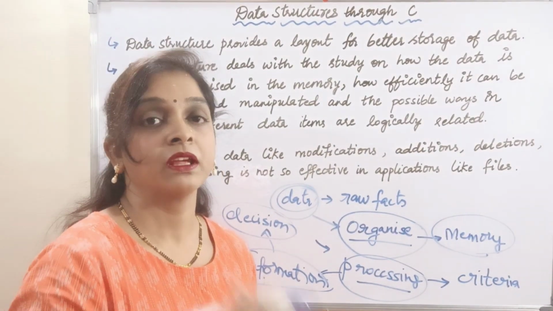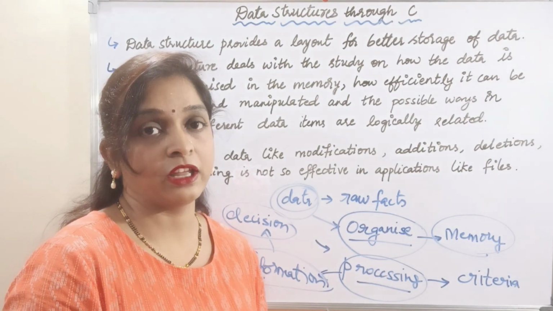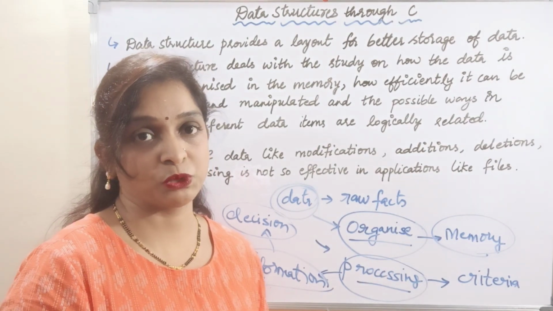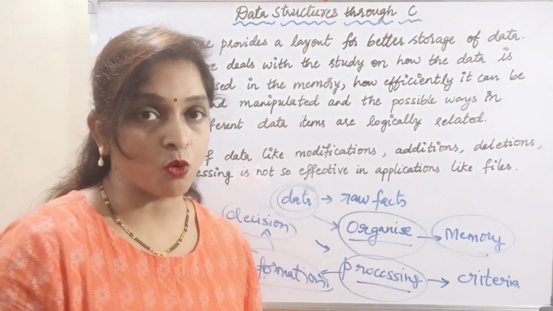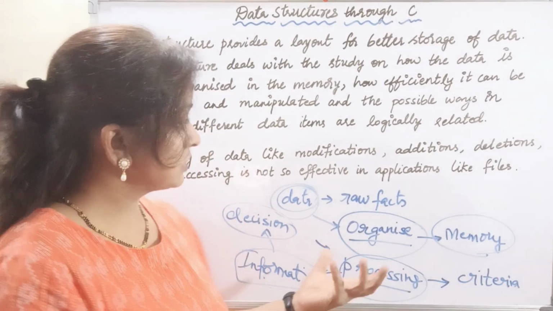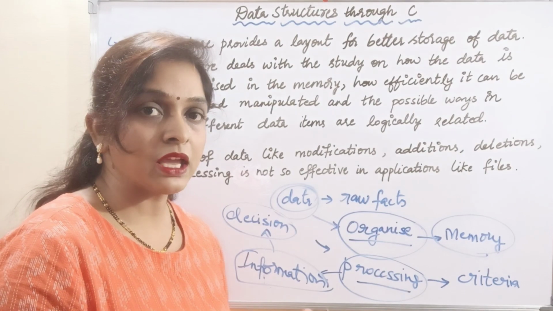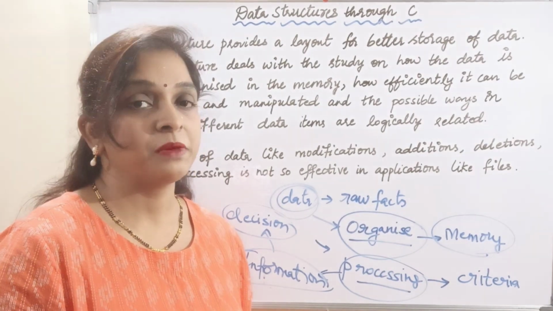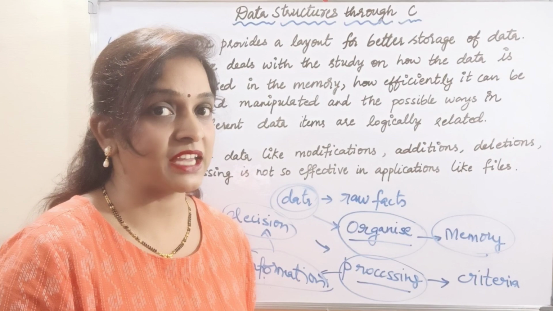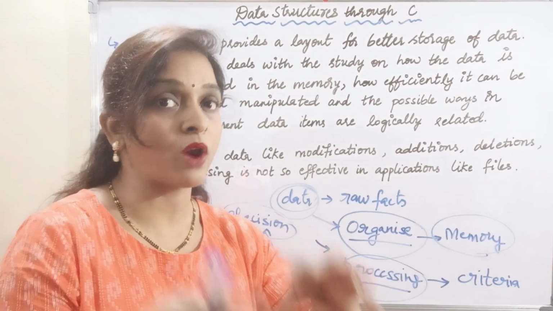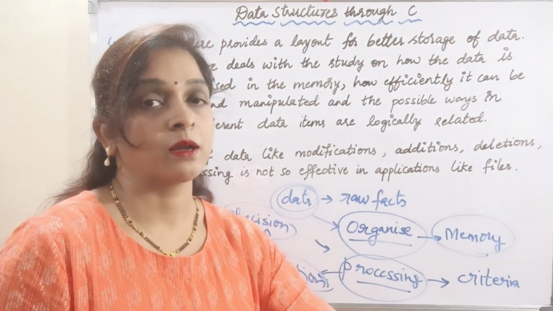So, for example, I want to check the age criteria, I want to check the qualification of the students to get into a particular course, like that. So, this is how we deal with data. So, data is very much important. So when I say I am dealing with digital data, it means the data should be digitalized, in the sense I should know how I have to store the data inside the computer's memory.